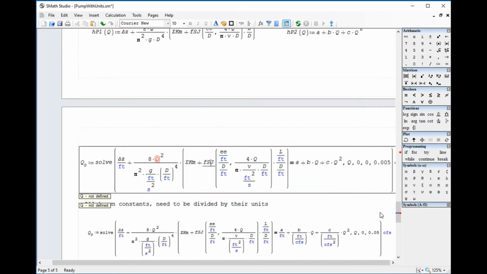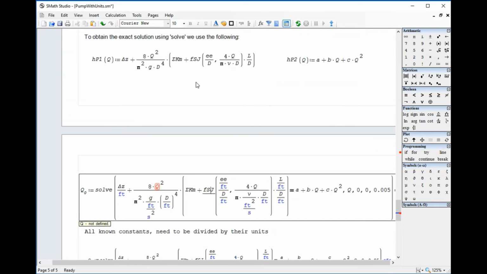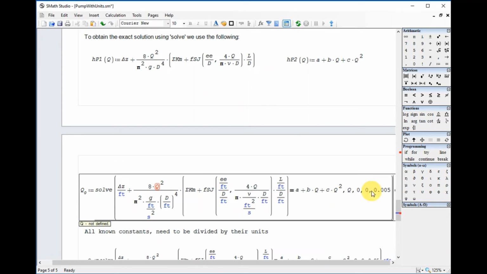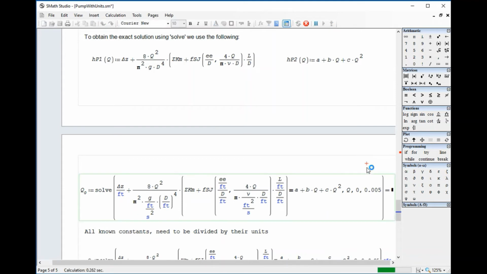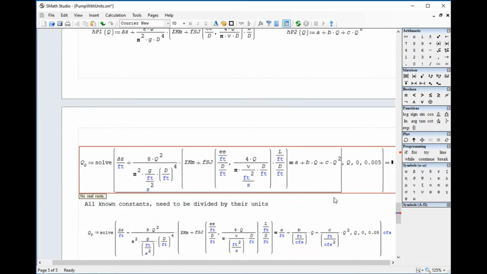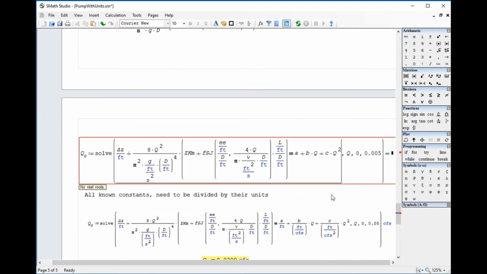Instead it's telling me Q is not defined. If I type uppercase Q here equal, indeed it's not defined, but that's the unknown. Oh, I didn't realize that I had an extra 0 here. And I'm getting everything, just comparing to the result that I got here. Oh, A, B, and C have not been non-dimensionalized.